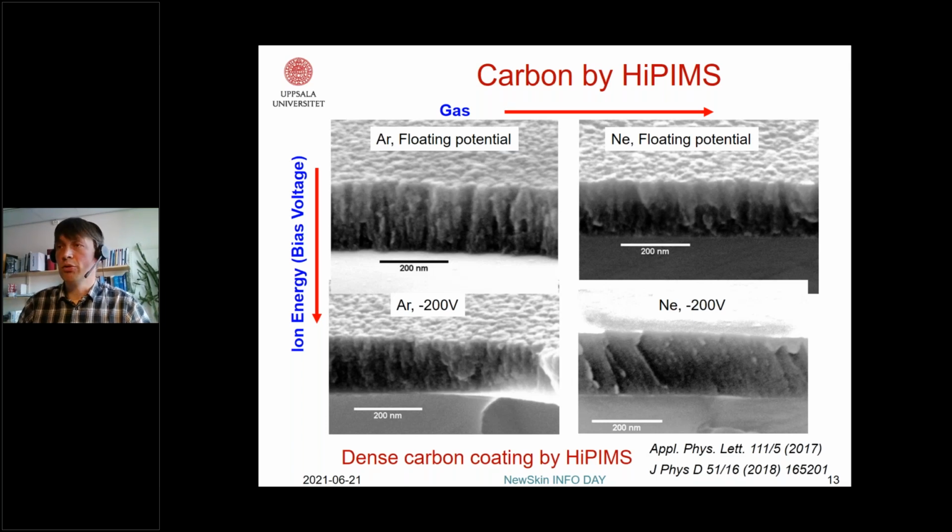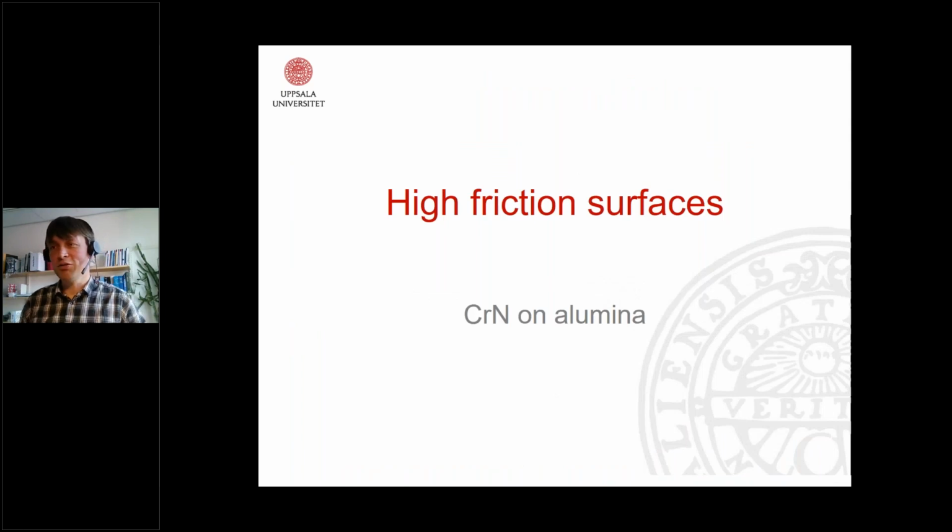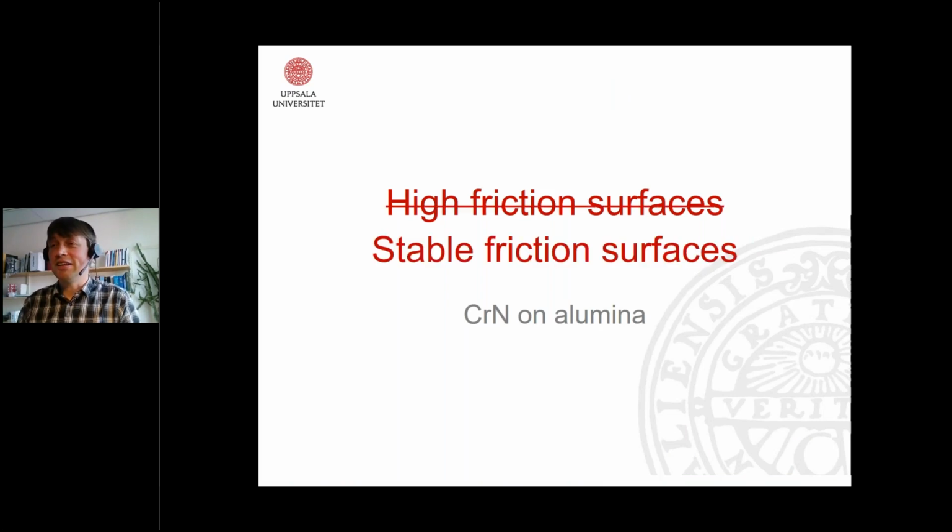We have also looked at a different type of friction surfaces, and you don't really talk about high friction surfaces. So the question here was rather, how can we make friction between 2 surfaces stable? This was an application where alumina is used for components that are in contact. It turned out that one of the issues is that although alumina is a very good hard material, the surface is sensitive to air humidity.